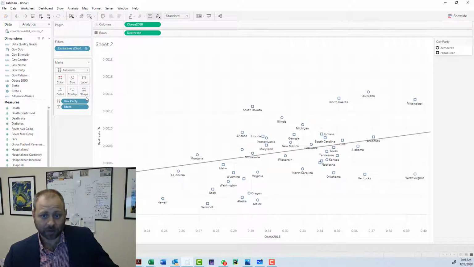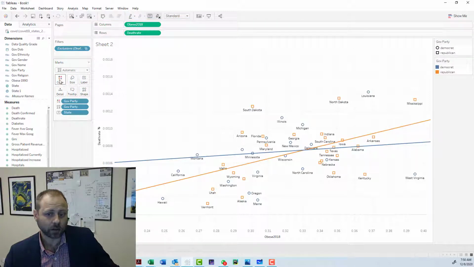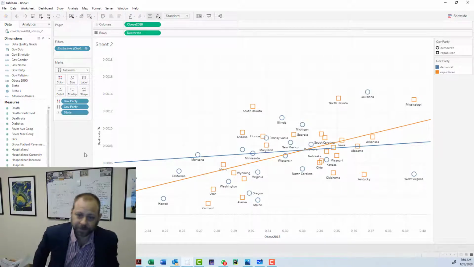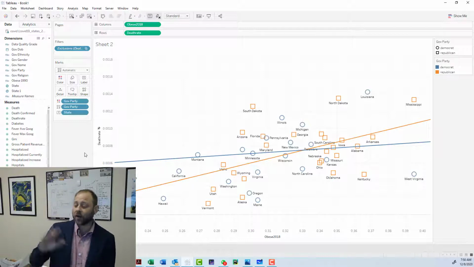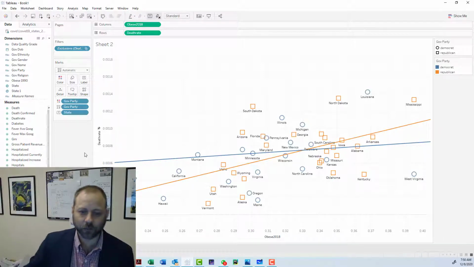And now we've got Democrats and Republicans in terms of death rates and the other. So let me turn around and change the color so that we see them. And then I'm going to make it just a little bit bigger to accentuate the point. Now, I'm not trying to make a political statement here. I'm just showing you what the data looks like, right?